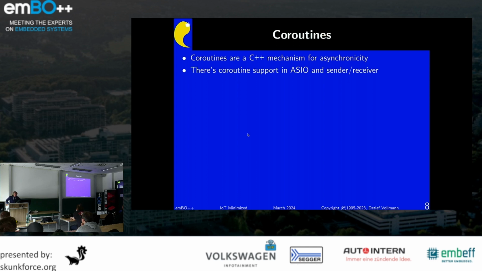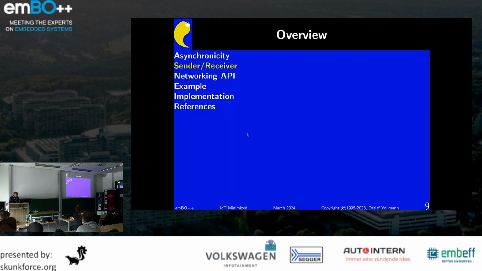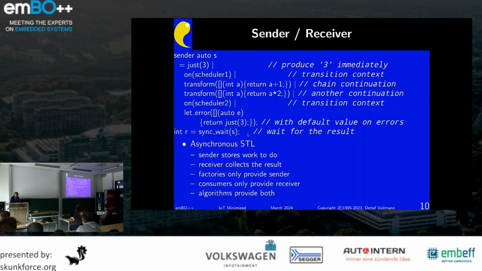And so ASIO had support for coroutines, and sender receiver automatically can work with coroutines as well. And that is actually the nice way to do the actual programming. Not all the background libraries, but the actual programming looks actually pretty nice with coroutines, and I will show that later. So, just a very short recap about sender receivers.